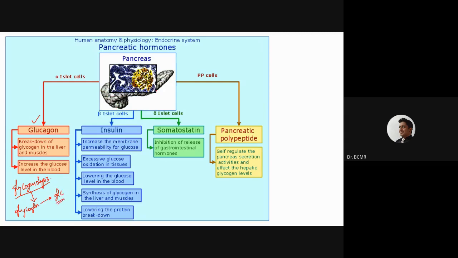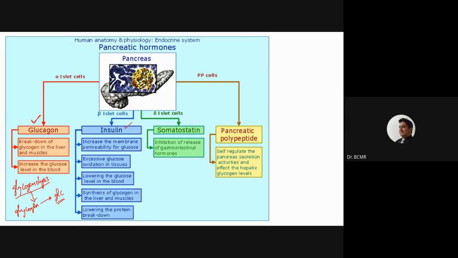And from liver and other places, the glucose mixes with the blood and then gets circulated to the rest of the body. So glucagon increases the blood glucose for ready consumption by several other tissues. Especially this would happen when we are in rigorous activity.